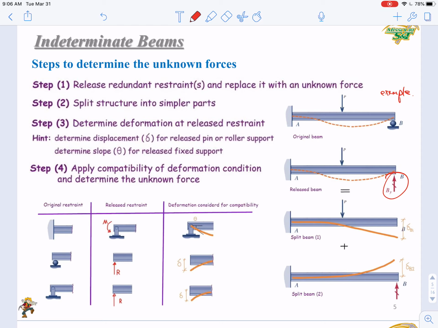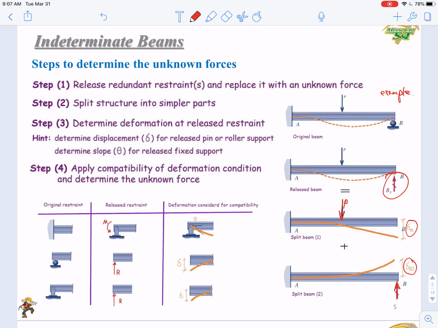So simply, you can split it into 2 cantilevers. One is subjected to concentrated P in the middle, and the other one is the concentrated load By at the free end. So based on these 2 simple cases, you can solve delta B1 and delta B2.